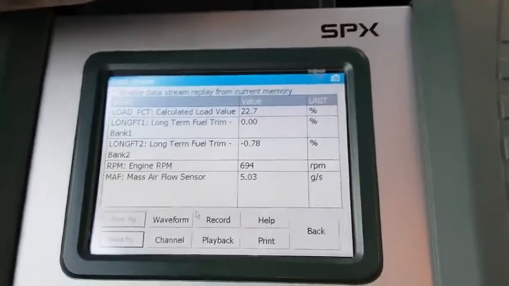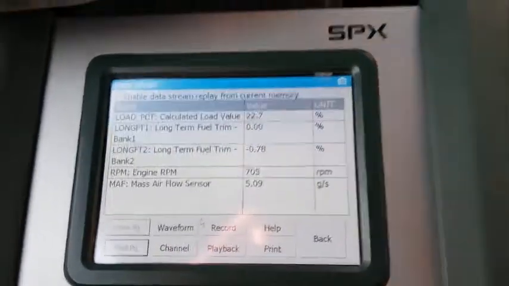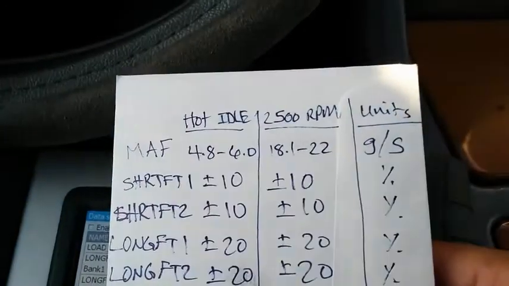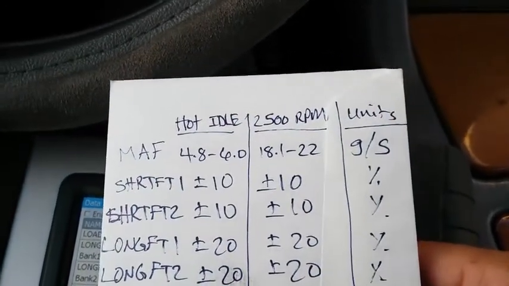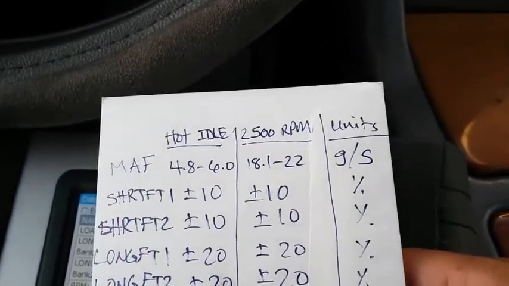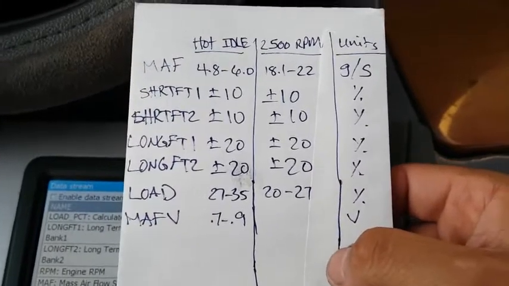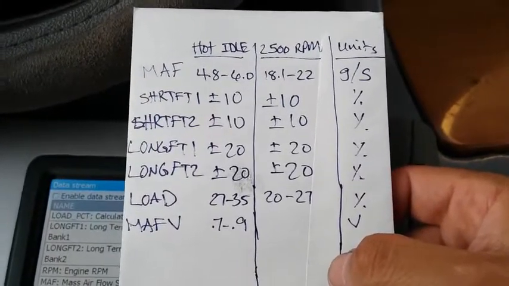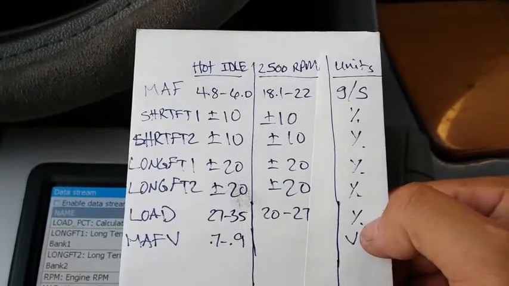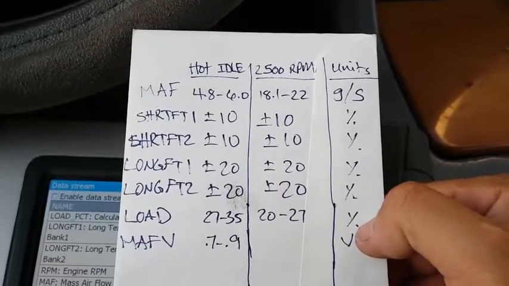So I'm going to raise the RPM to 2500, which is here on specs. At 2500, our mass airflow sensor grams per second should be between 18.1 and 22. Our load should be between 20 and 27.